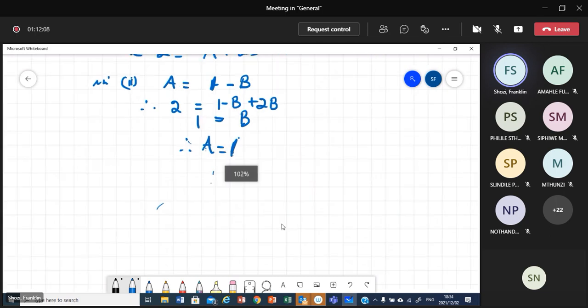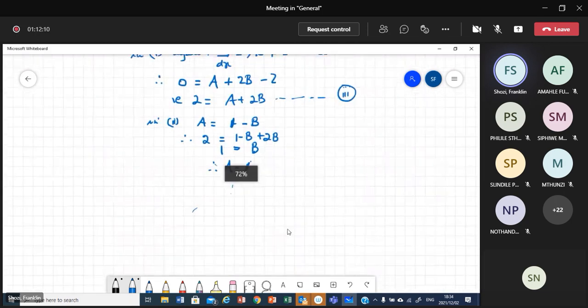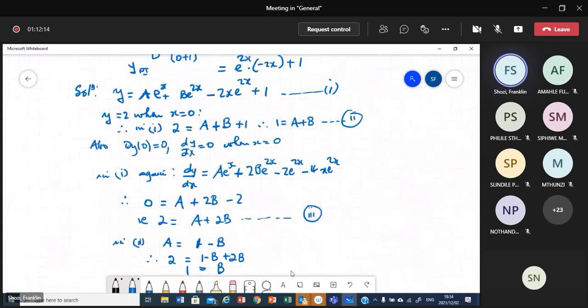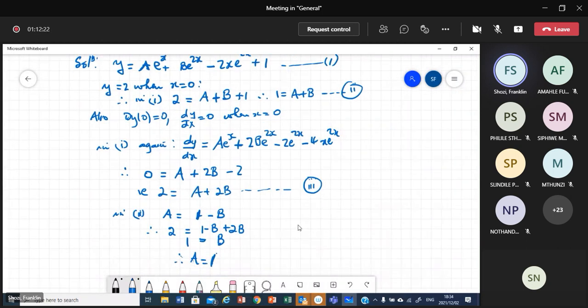Therefore, come back to the general solution. What was our solution? When we substitute this, that was our equation, then we come back now and substitute where a and b are now known.